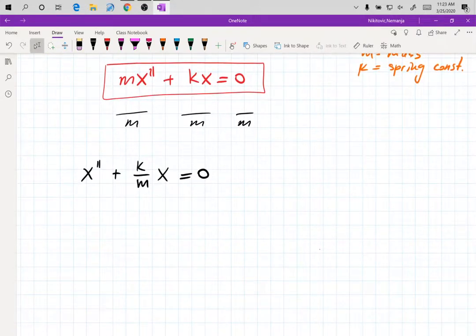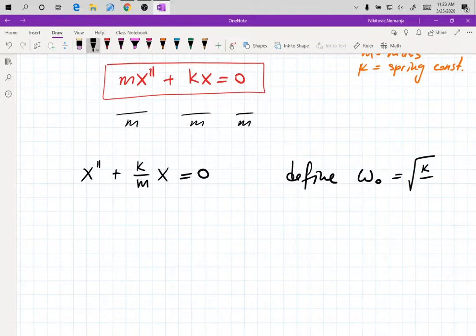So this is our situation. And now I don't like this fraction here, so I want to get rid of it. But I also know that what's coming up in the future is my, you remember, r squared problem? So it would be nice if this was factorable, which is why we are going to define omega naught to be square root of k over m.